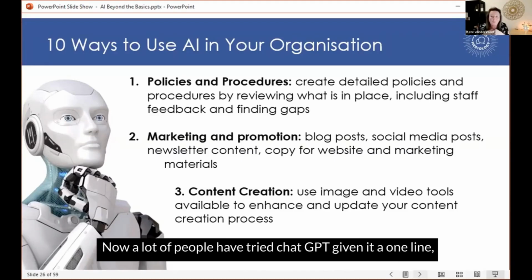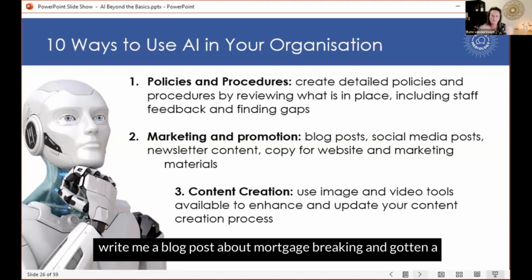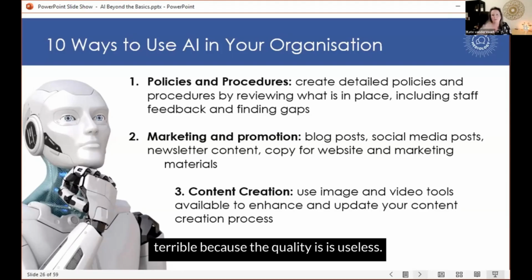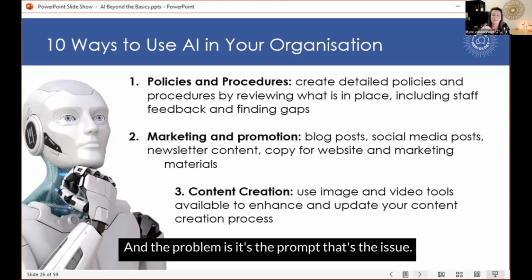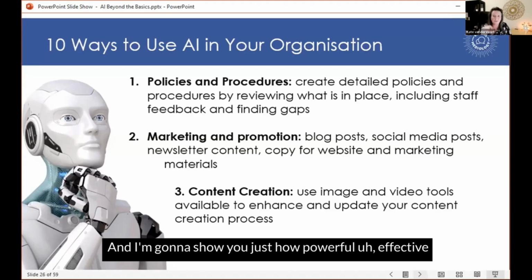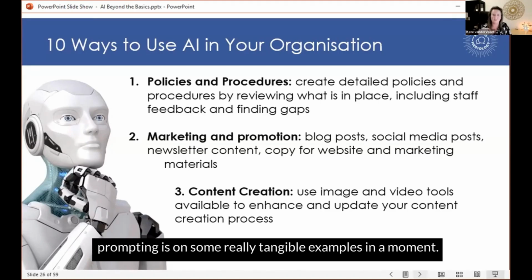Now, a lot of people have tried ChatGPT, given it a one-line, write me a blog post about mortgage broking, and gotten a really average, poorly written blog post and then judged AI as terrible because the quality is useless. And the problem is it's the prompt that's the issue. And I'm going to show you just how powerful effective prompting is on some really tangible examples in a moment.